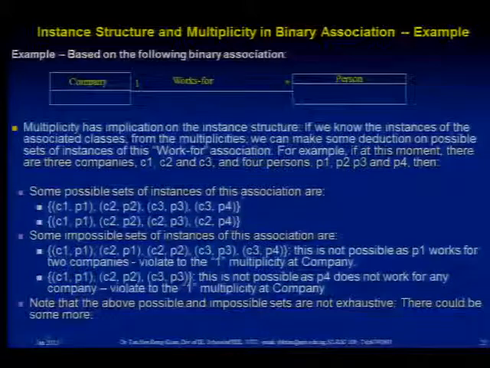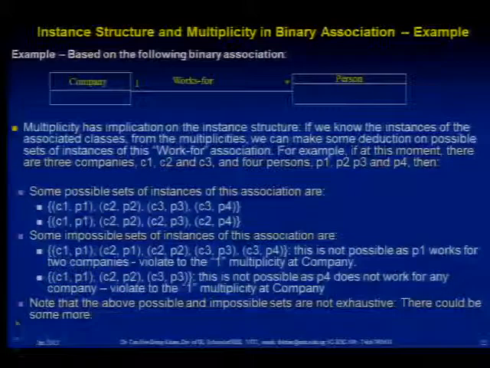Given that we have 3 companies, C1, C2, C3, and 4 people, P1, P2, P3, P4, we can conclude that this is a possible set of workforce association instances. Why?